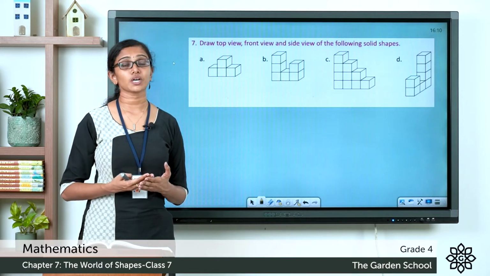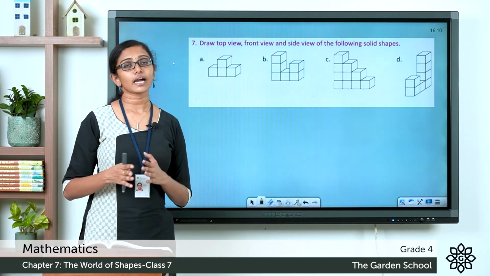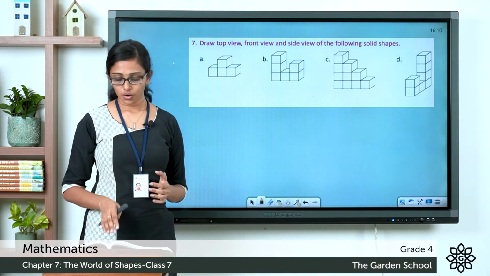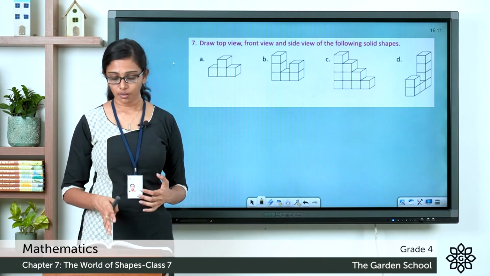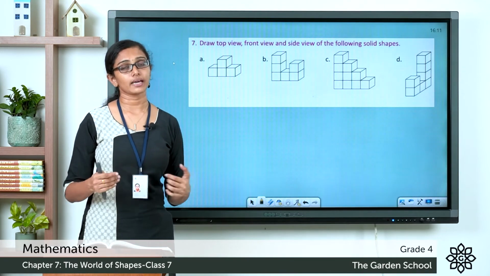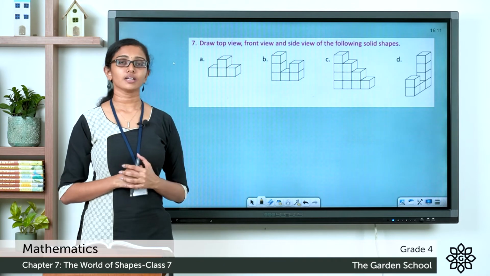When you view it from the top, it's called the top view or the plan. When you view it from the sides, it's called the side view or the side elevation. So you have to visualize how these objects will look when viewed from the front, top and sides. Then you have to draw that in your notebook.